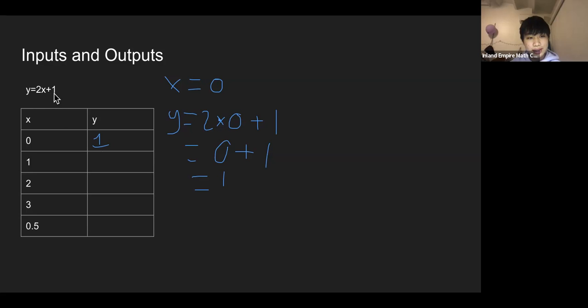Because we have 2x plus 1, and 2 times 1 equals 2. However, it's not quite the correct answer because we have this plus 1 right here. If x equals 1, what we need to do is plug in that 1 as x, replace x with 1, right?